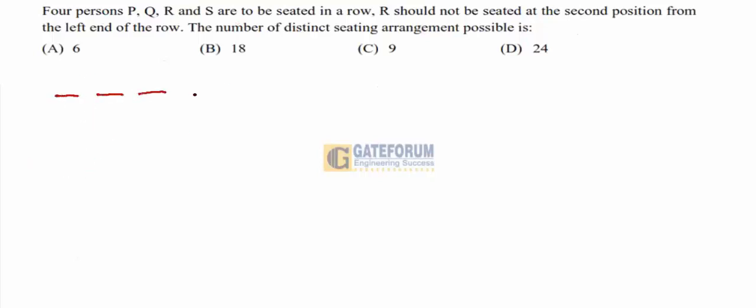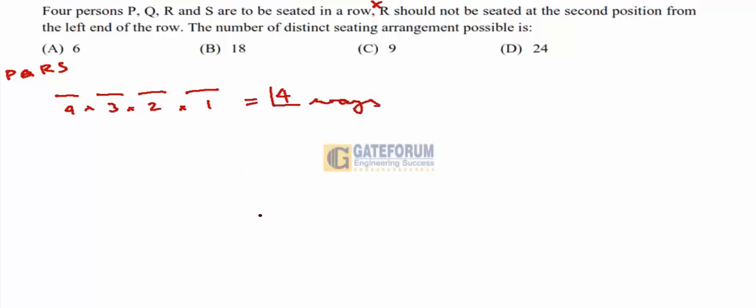See if these were the four seats, and let us suppose I say that P, Q, R and S can be seated anywhere, means I am now not following the second instruction. P, Q, R, S can be seated anywhere. Then in how many ways could they have seated themselves? See, 4, 3, 2, 1. So that is equal to factorial 4 ways they could have seated themselves.